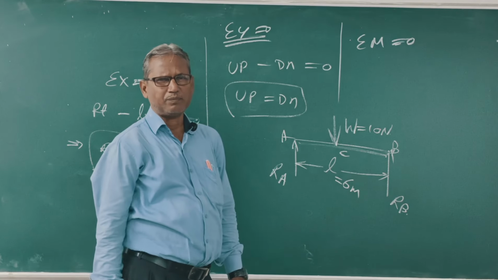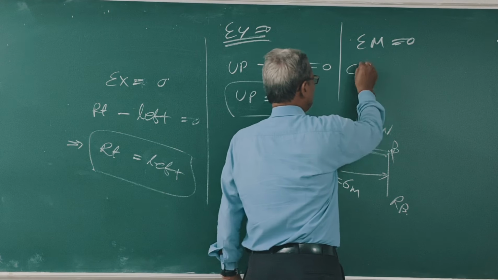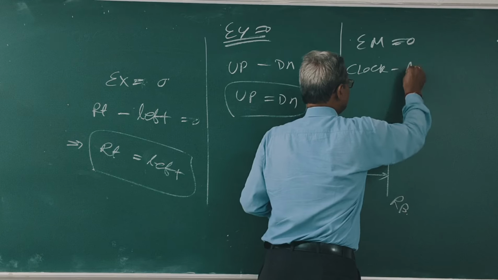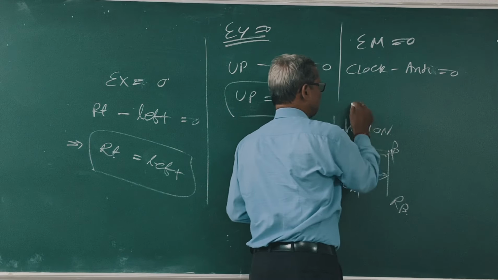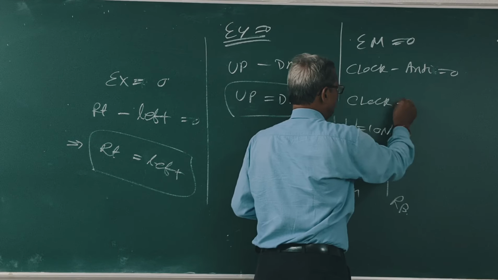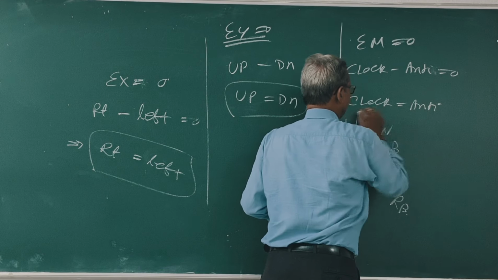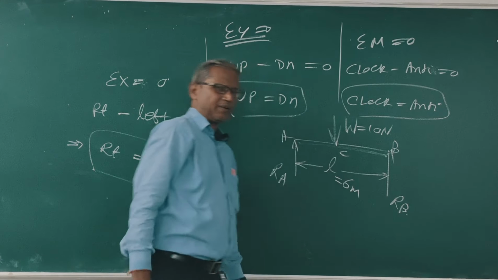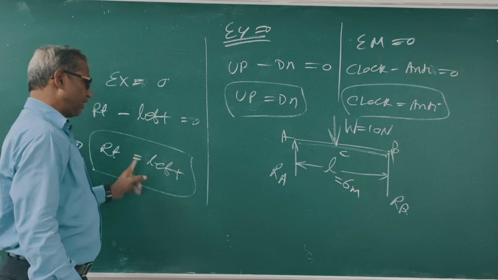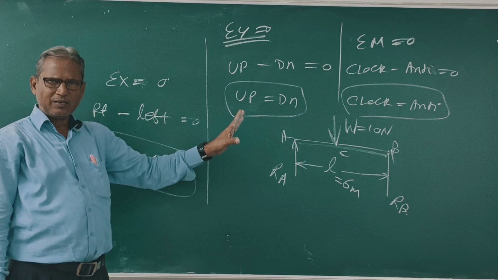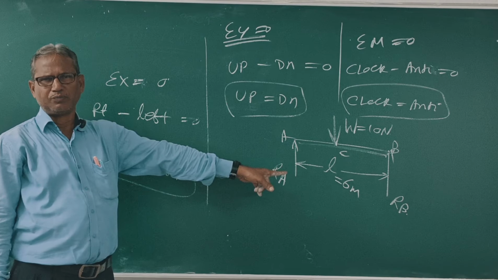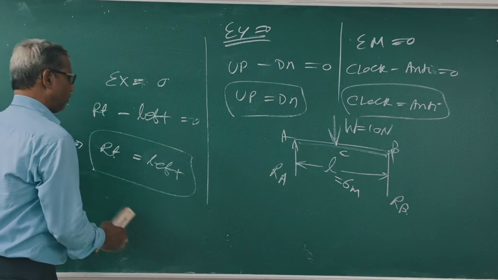What is summation m? Clockwise moment minus anticlockwise moment 0. That means clockwise moment is equal to anticlockwise moment. Clear? These are three conditions of equilibrium. We will apply these equations in this problem. Clear? Now come to the problem.